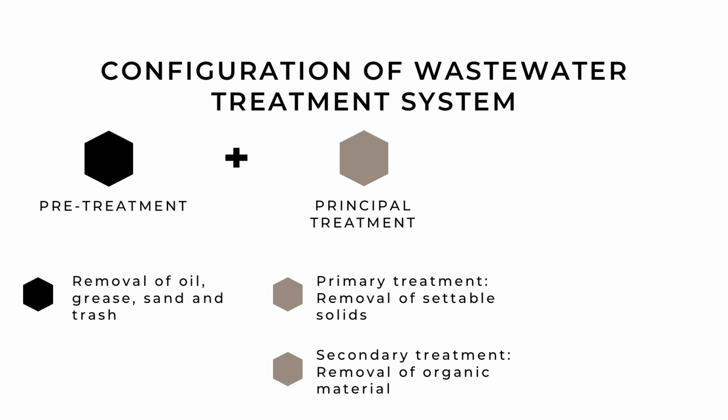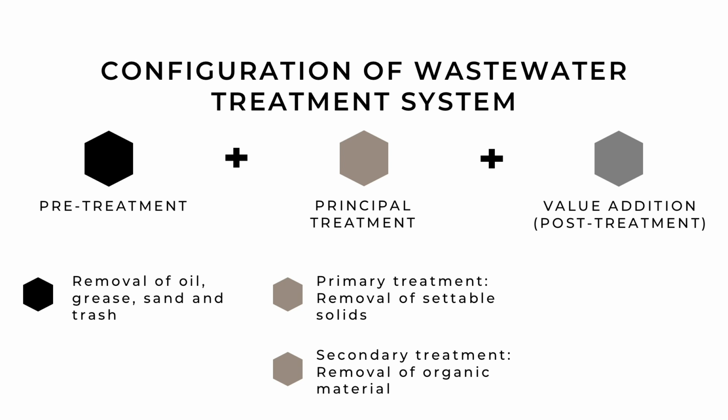The aim of the primary treatment is to remove the suitable suspended solids, while the objective of the secondary treatment is to remove all organic matter. Finally, the treatment of wastewater might or might not contain a value addition step, usually called post-treatment. This is where most of the pathogens and nutrients are removed.